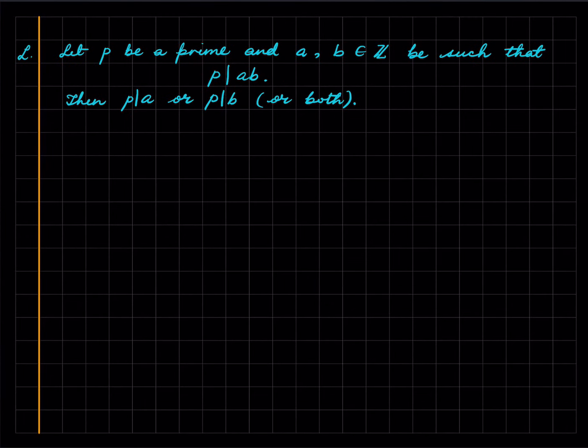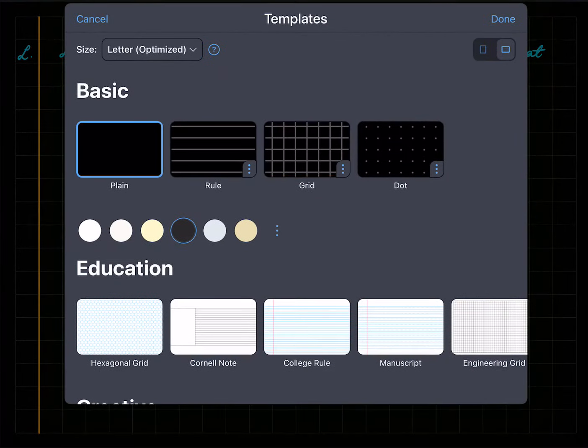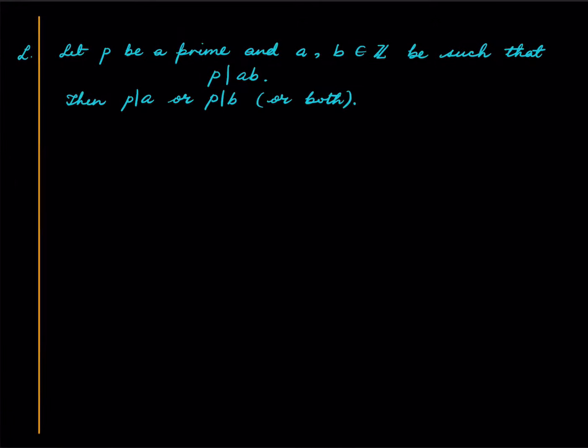And this is a more interesting one, but I'm sure this also I have given as an exercise before, but I'll prove this properly. Okay, so we have a prime p and two integers, and suppose p divides their product.